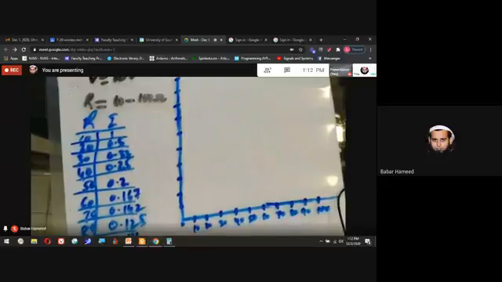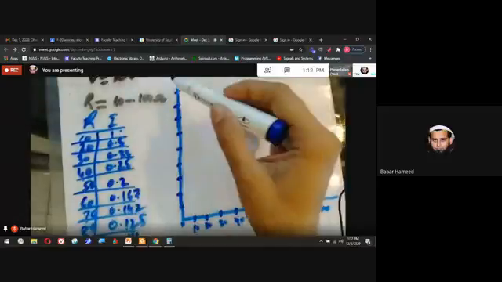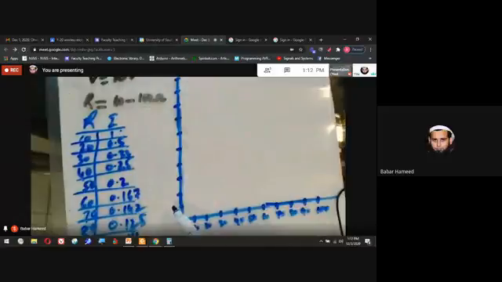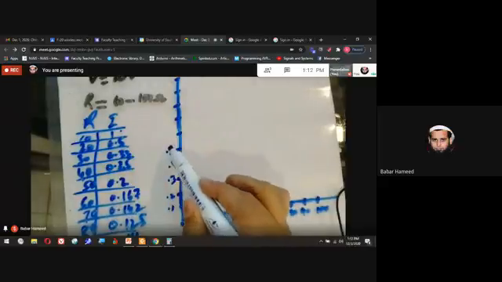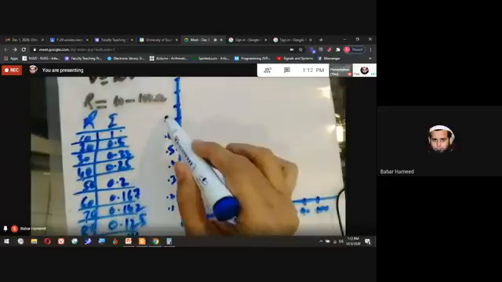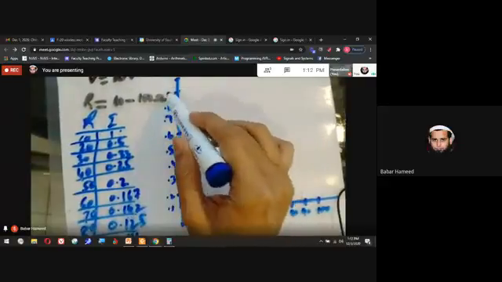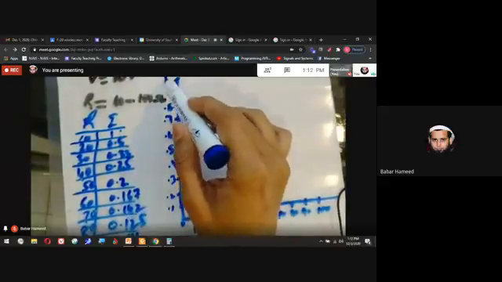For different values of resistances, we have different values of current. What was the value of current for 10 ohm? Yes, it was 1. So we can mark 0.1, 0.2, 0.3, 0.4, 0.5, 0.6, 0.7, 0.8, 0.9, and 1.0.